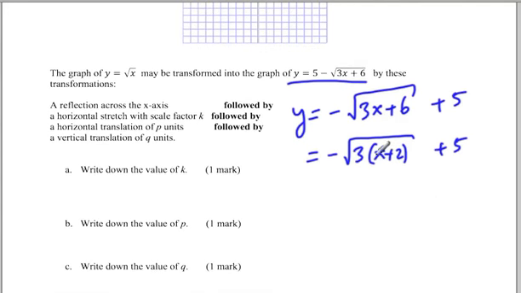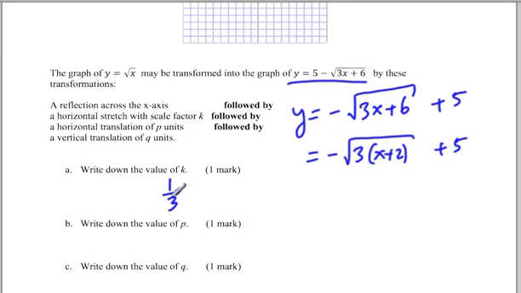And if you look at this, first, you see this 3, it's inside the function. And since it's inside the function, that tells you that we have a horizontal stretch by a factor of 1/3. Remember, because it's inside the function, you take the reciprocal of it, so it's 1/3.